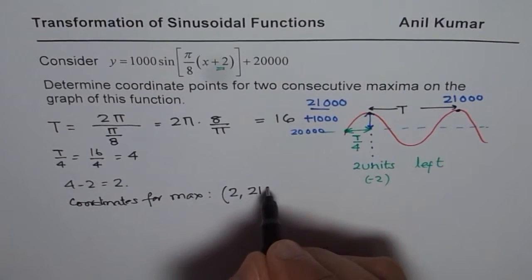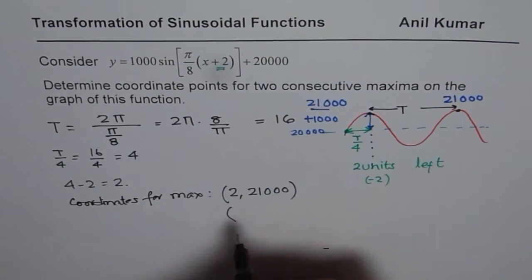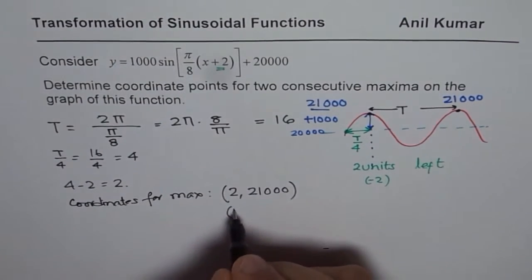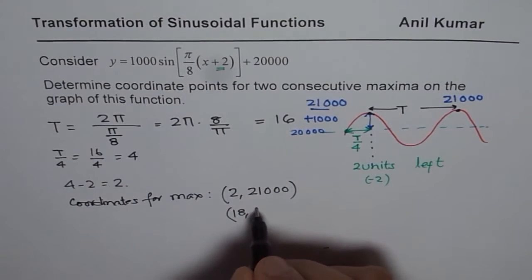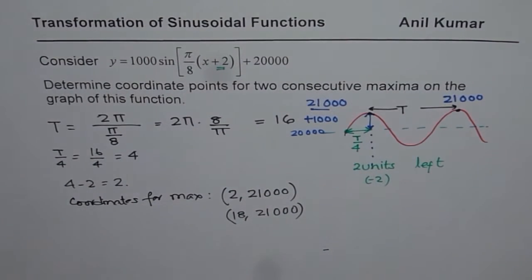So that is the first one, and for the second one, we have to add the time period of 16, so we get 18, and the y value will be the same, 21,000. So that is how you can get coordinates of maximum for the given function.